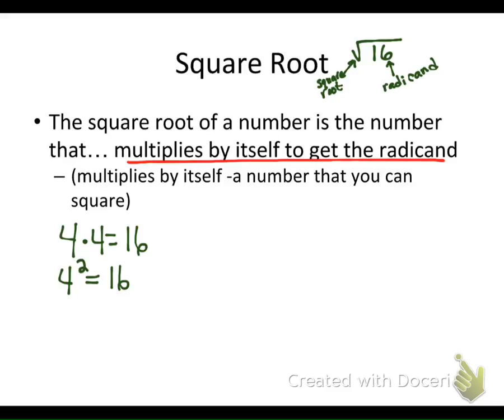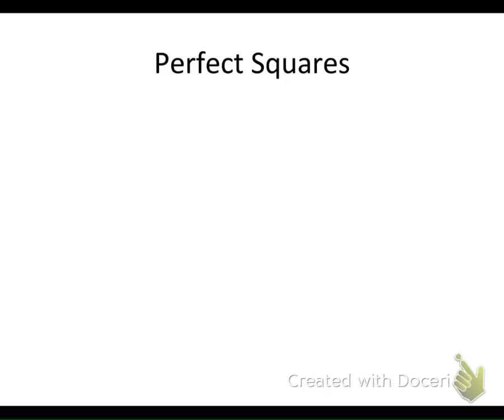All right. Now, the next part on your sheet is asking you for the first 12 perfect squares. That means going through and listing the first 12 perfect squares.